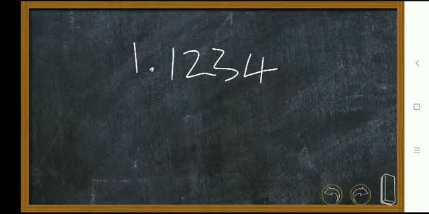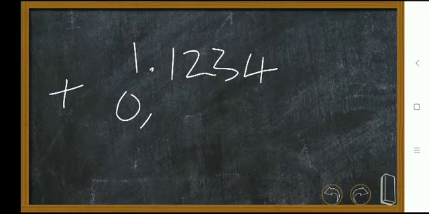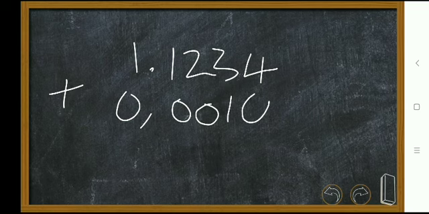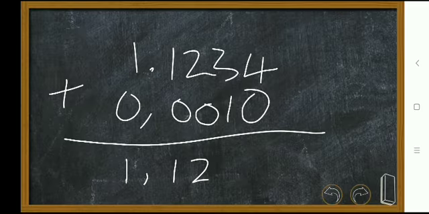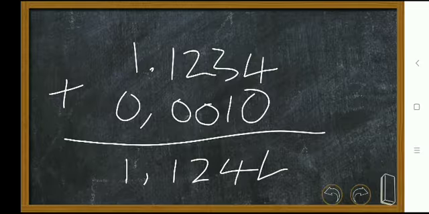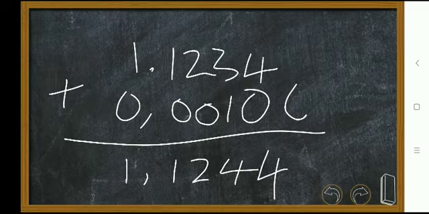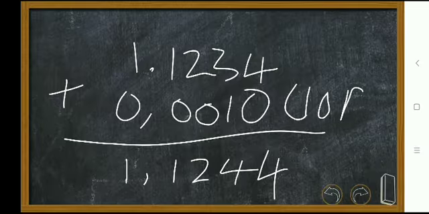What you will do is add 0.010. It will give you something like this, 2, 4, 4. This is 10 pips, guys. This is 10 pips.